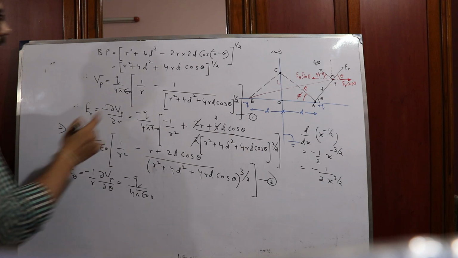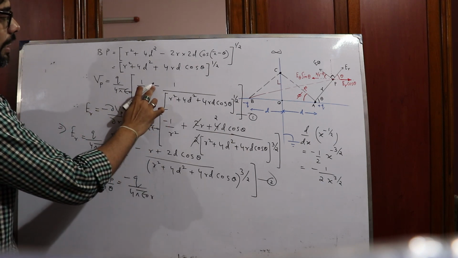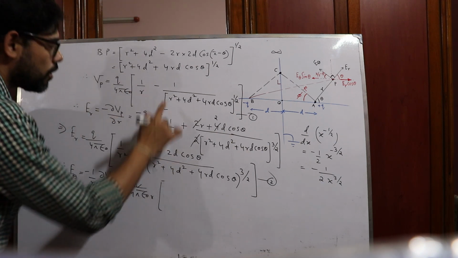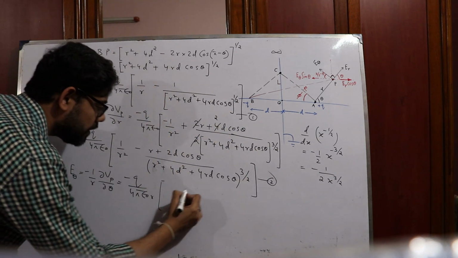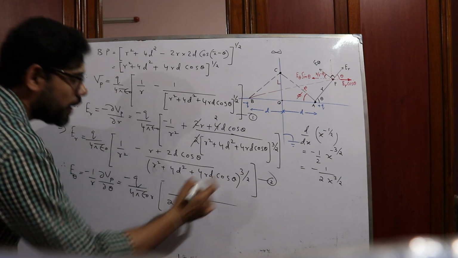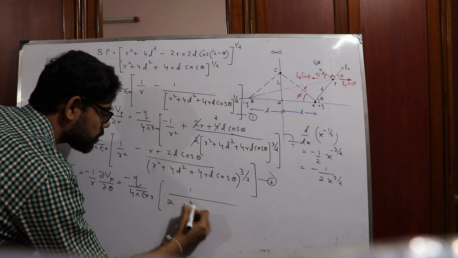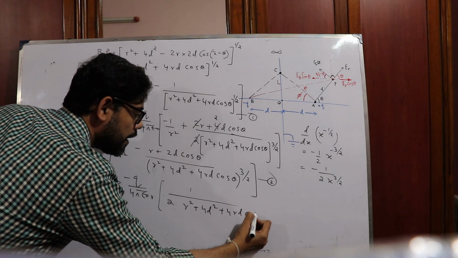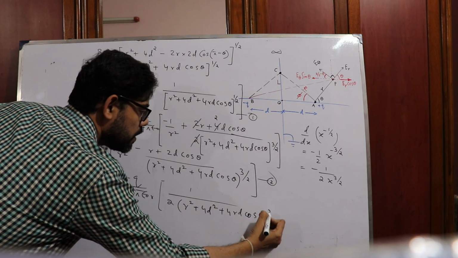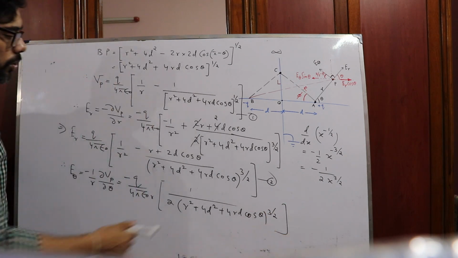Then for the second term, a minus sign is there, so again it will follow this procedure, so this will become plus, and then you will get 1 by 2 times 3 by 2, that is (r square plus 4d square plus 4rd cos theta) to the power 3 by 2.